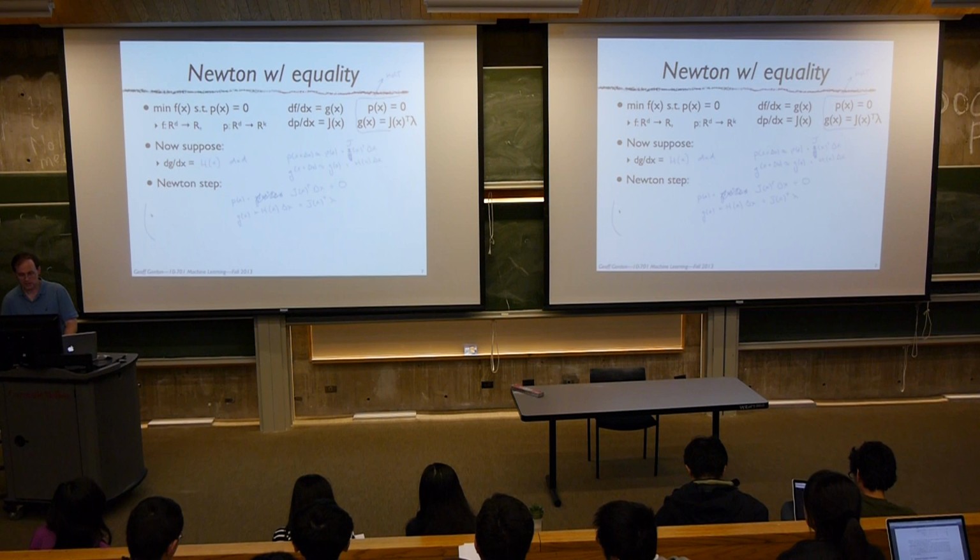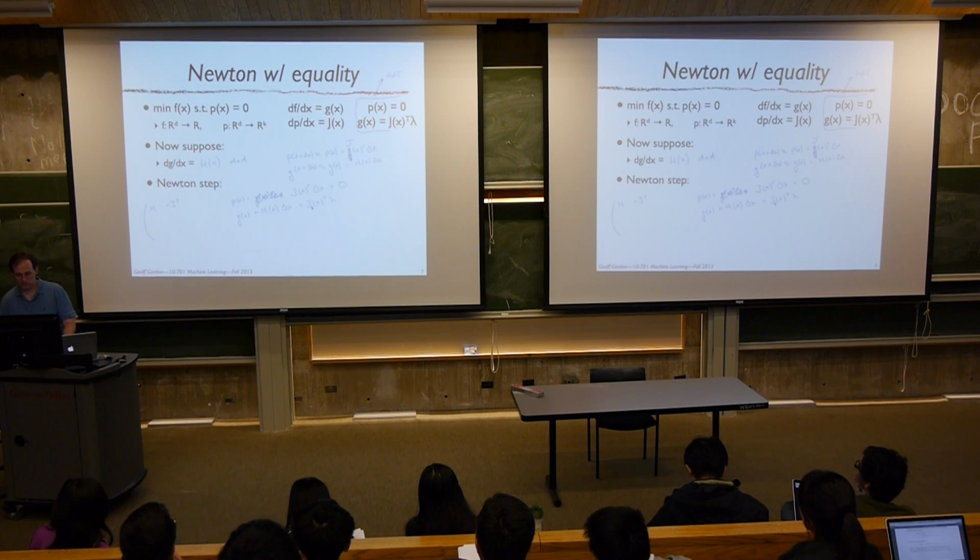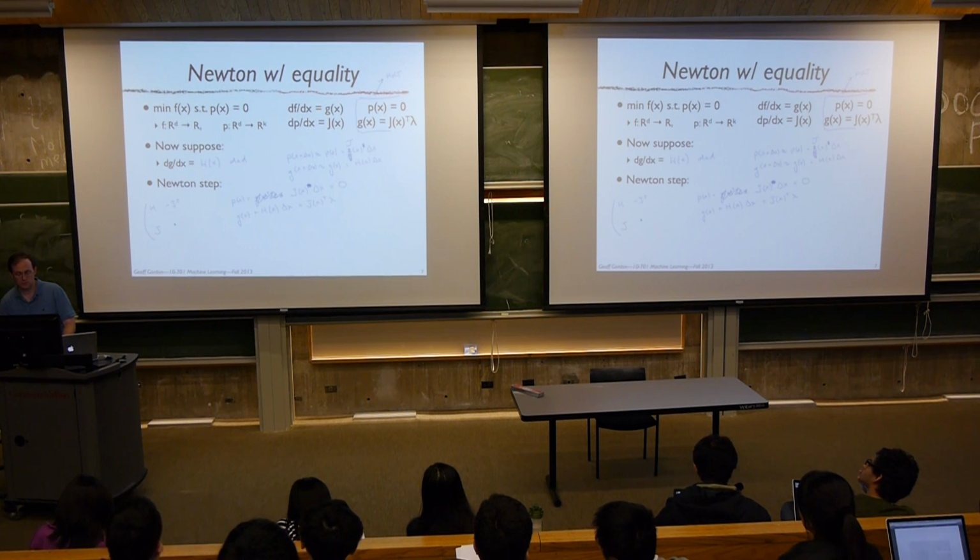So it'll be this one here, has an h and a minus j transpose. This one has j, and then there's no component of lambda in this one, times x and lambda, right?